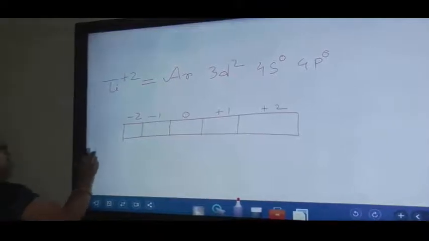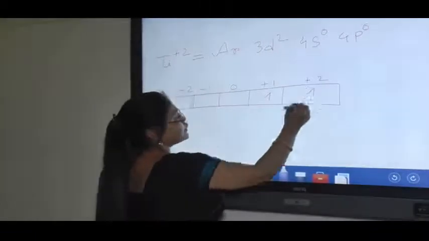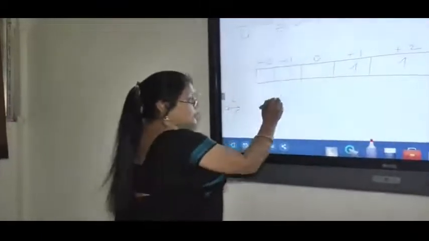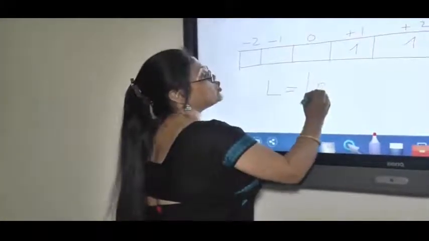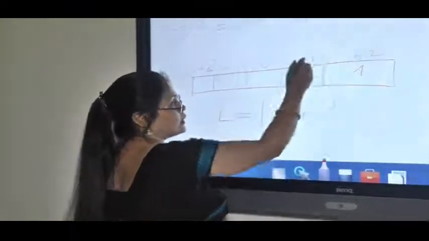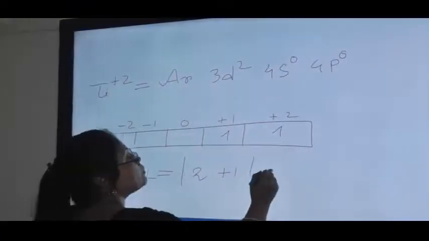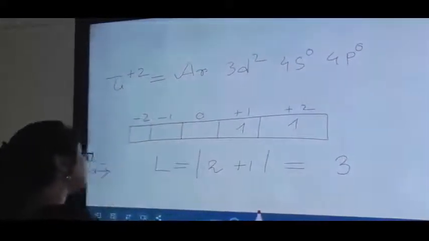So, for D2 configuration, let us first take both the electrons in two different orbitals. Immediately the total orbital angular momentum will be 2 plus 1. These are the values of magnetic quantum number of the two electrons in this particular arrangement, and that gives the value 3.